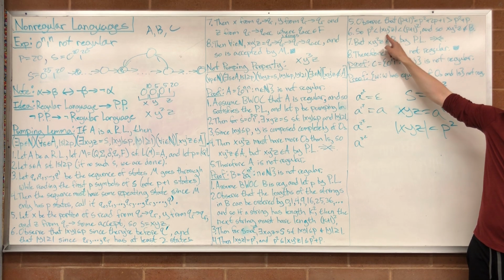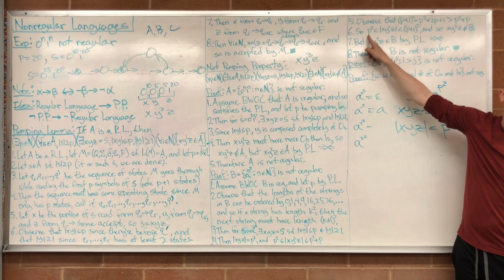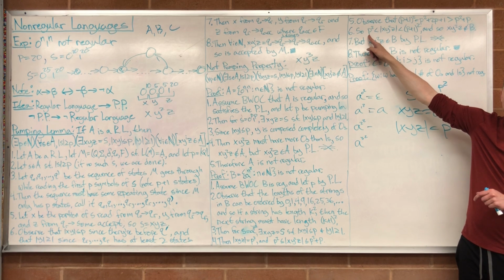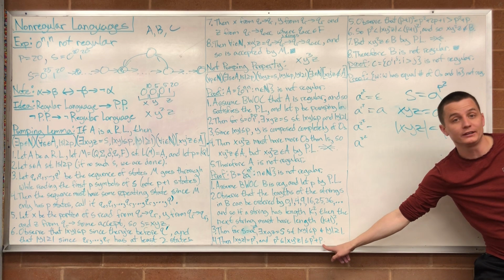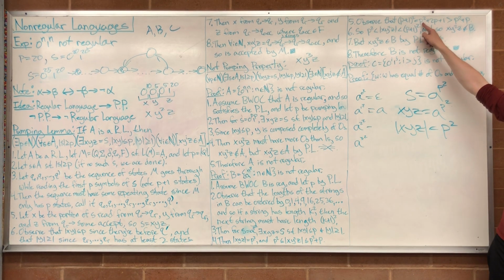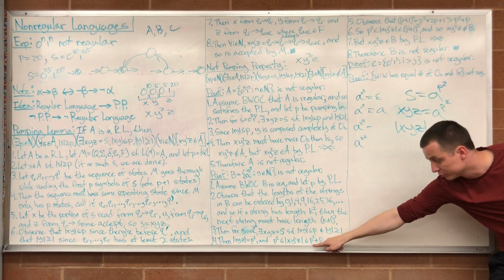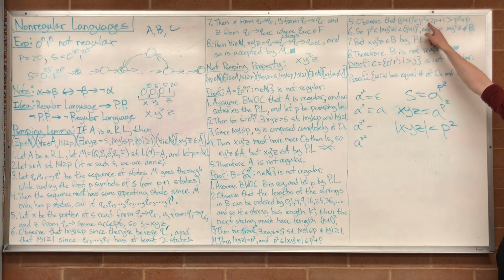I have X, 2Y, Z. We know that it has length of at least P squared, and XYYZ has length of at most P squared plus P, so it definitely does not have length of P squared plus 2P plus 1.